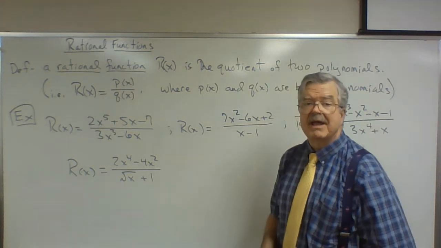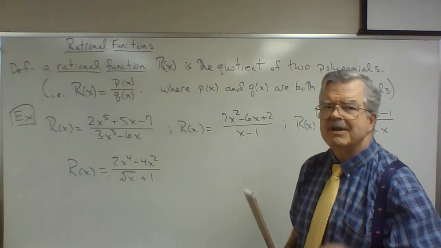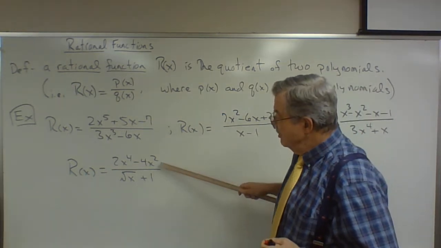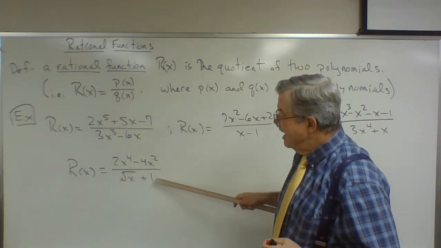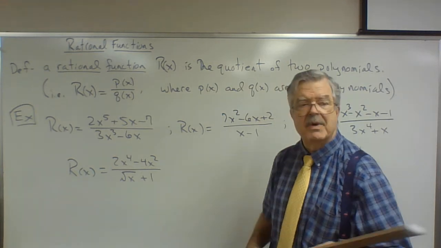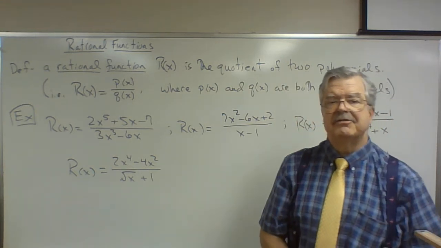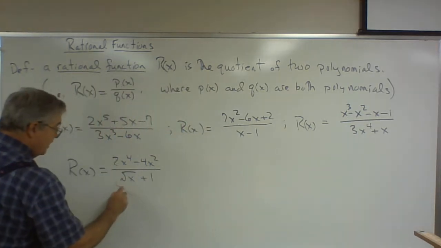I think we're going to have to disallow it. And here's why. Maybe you've already figured it out. The numerator is a polynomial. Check. The denominator is not a polynomial. This square root of x is the disqualifying factor, so to speak.